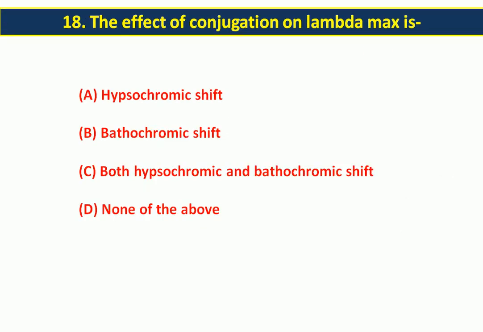Let us look at the question number 18. Effect of conjugation on lambda max is. Dear students, conjugation means increase in double bonds, and it is directly proportional to the lambda max. Means more conjugation, more is the lambda max.